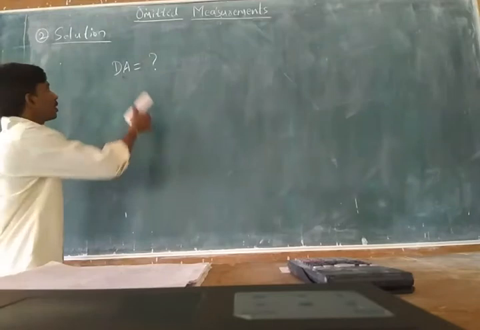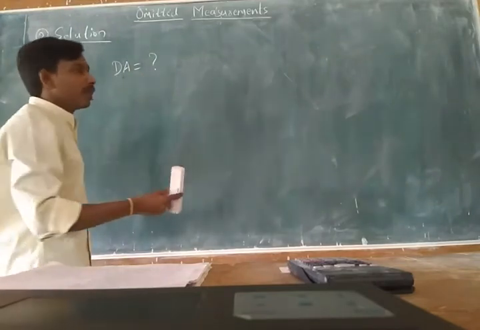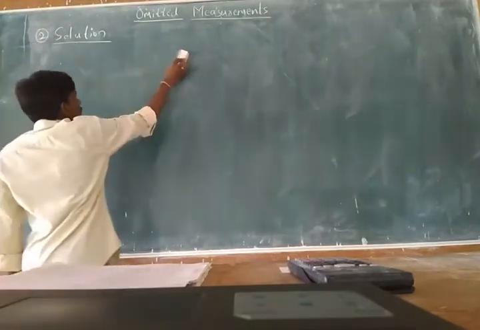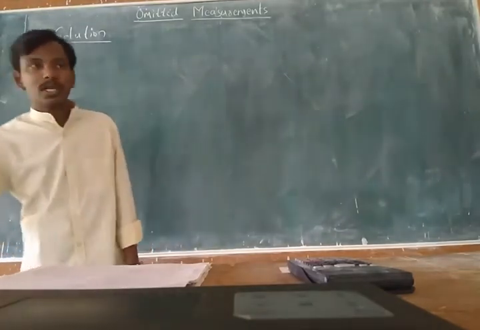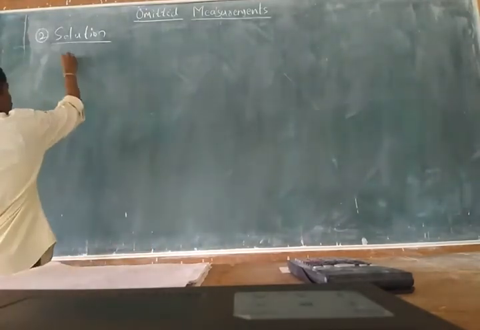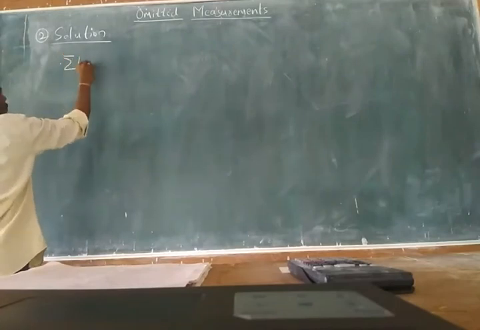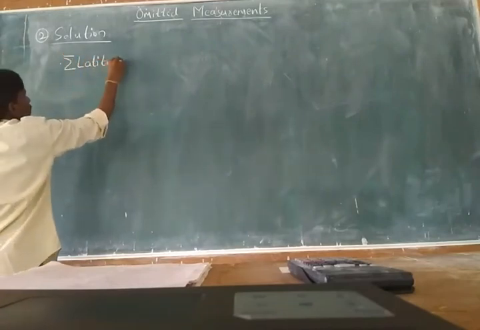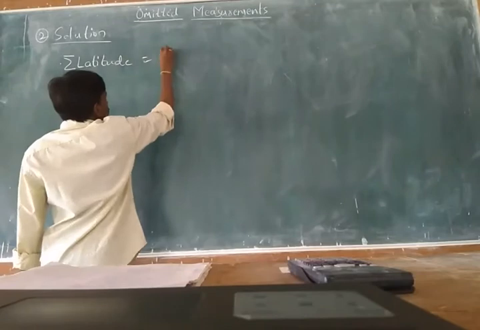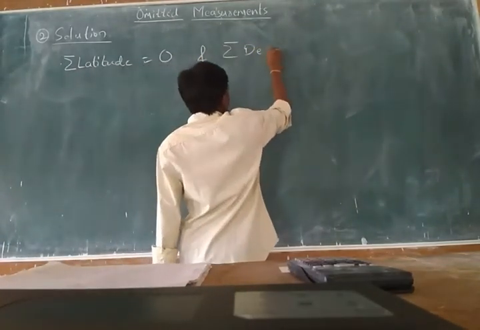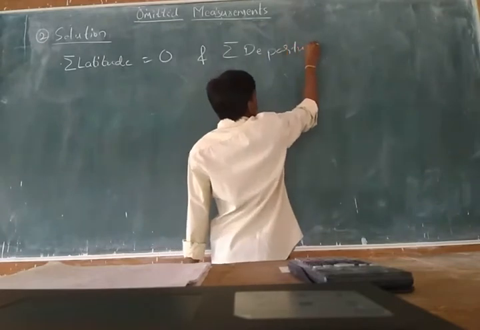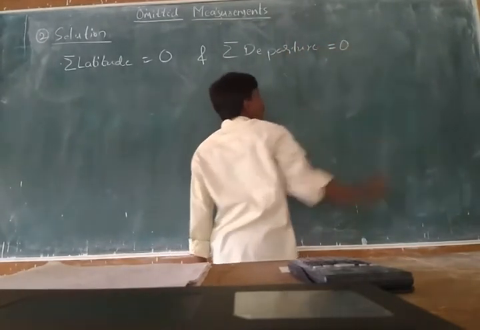To calculate the departure and the latitude of DA, we need to apply the principle of closed traverse. The principle of closed traverse is: summation of latitude must be equal to 0 and summation of departure must be equal to 0.